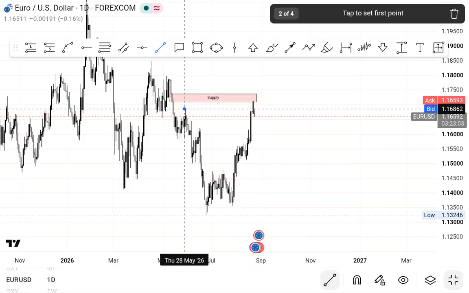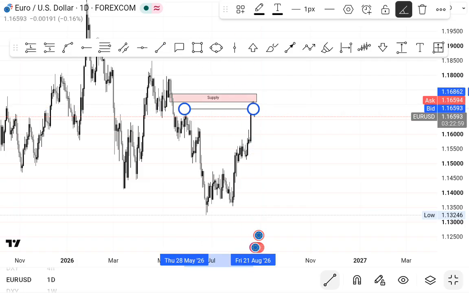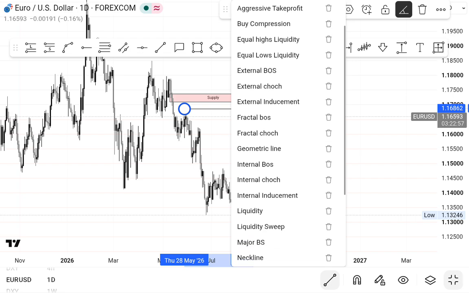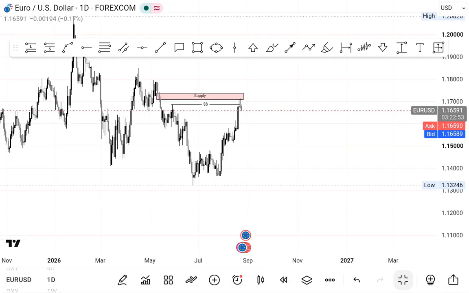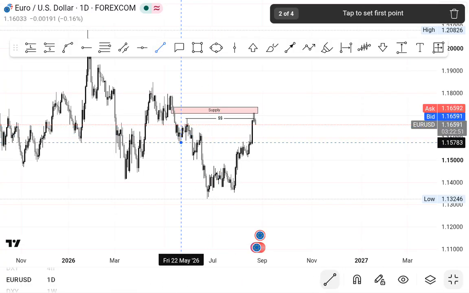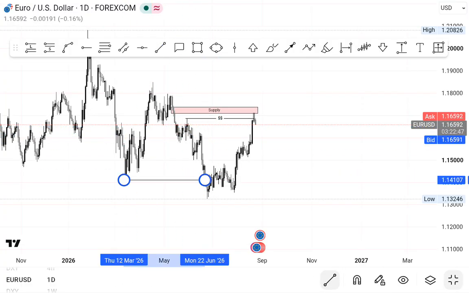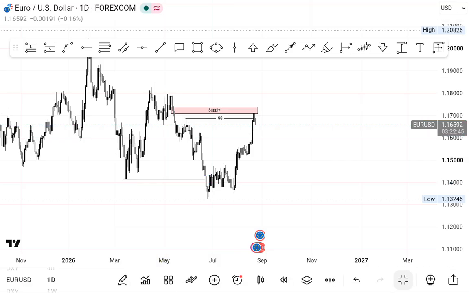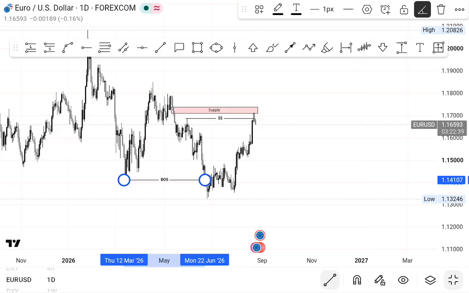I'll personally be looking for EURUSD to even keep dropping, because if you look at this, they already collected this liquidity, which is around here, tapped into this major supply. This major supply is the one that broke structure around here. Those suppliers who went in there were responsible for this shift.